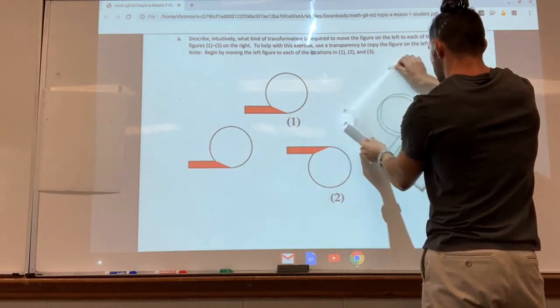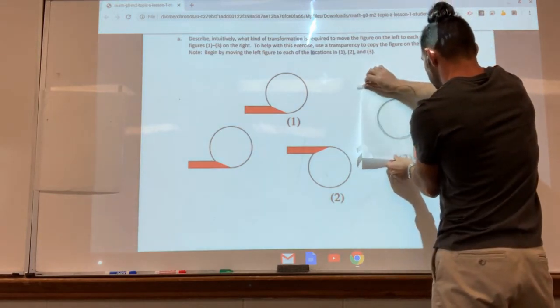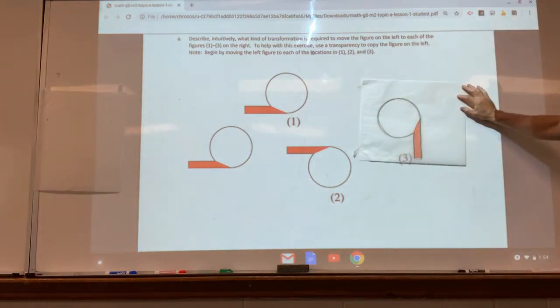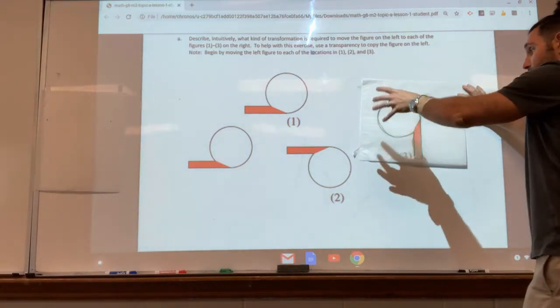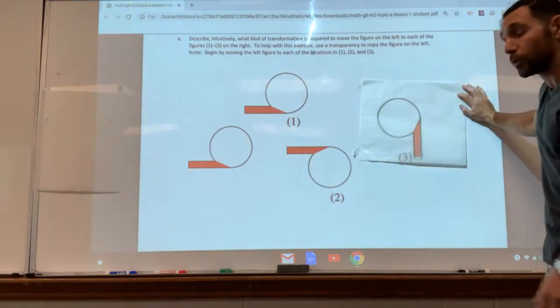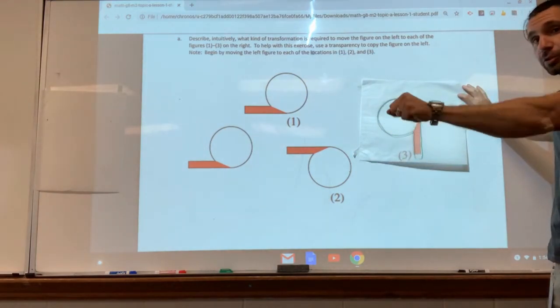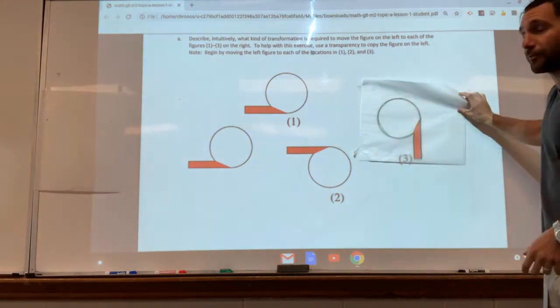If I keep turning my paper into a different orientation, lo and behold, I have the same exact figure. So once again, that is a rigid transformation. But when we turn the figure, that will be a rotation. Like you rotate a doorknob, we rotate the figure.